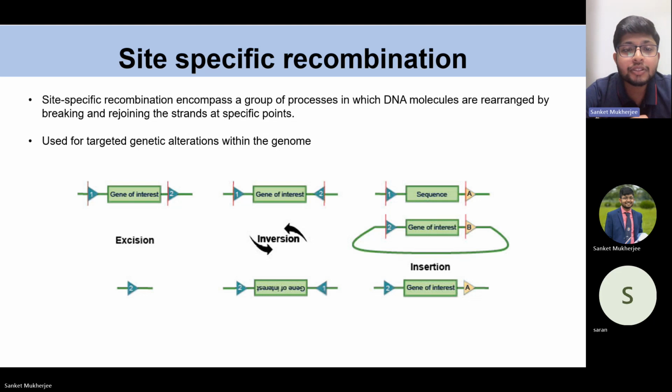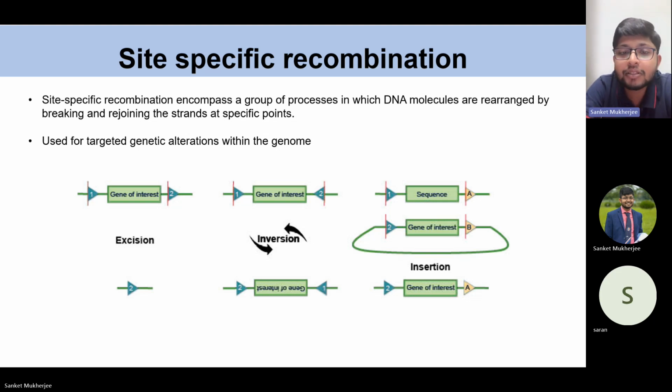That can be useful for targeting a genome alteration in a specific gene, let's say. It could be excision, where a gene of interest is removed. So these are the recombination points, checkpoints, you could say. We will just remove whatever is there in between. So this is called excision.